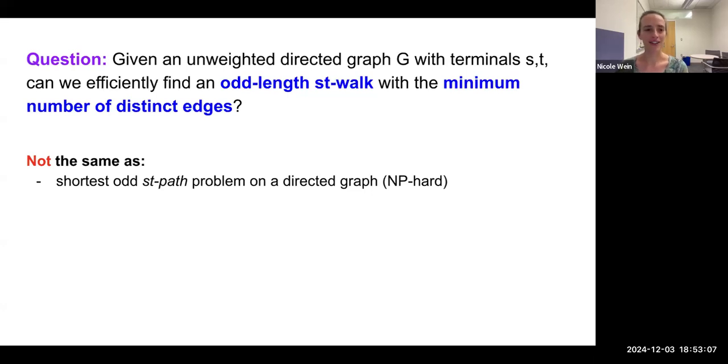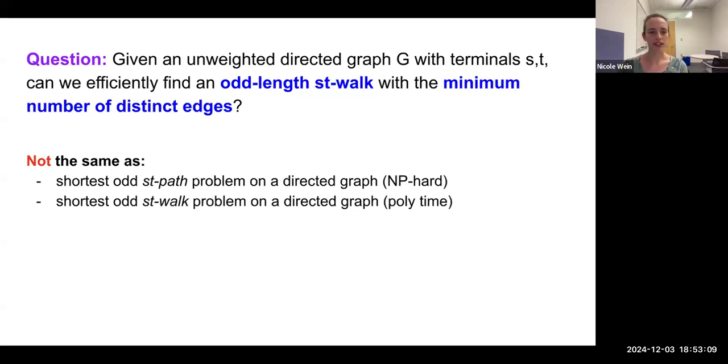Another problem that this is not the same as is the shortest odd ST walk problem. This problem is easily seen to be in polynomial time by making a couple of copies of the vertex set and finding a regular old shortest walk on a new auxiliary graph. But it is different from our problem, because in the regular odd ST walk problem, you care about the total length of the walk.